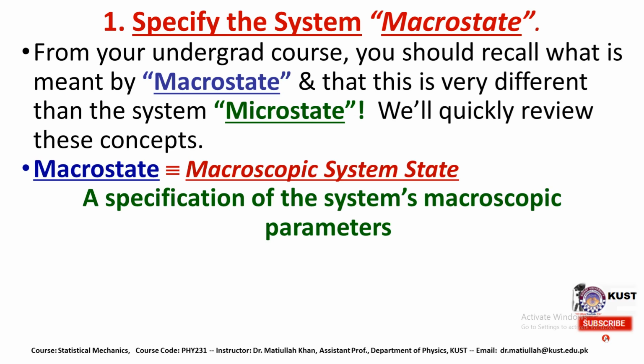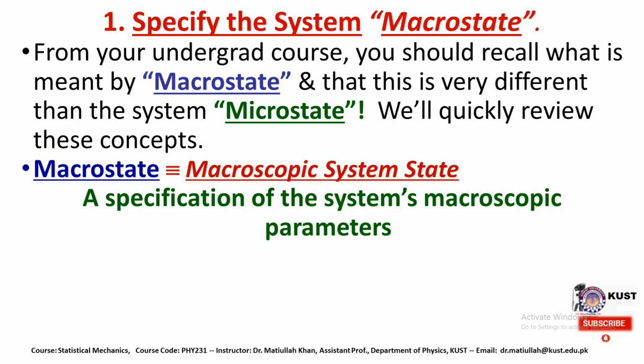So let's come to specifying the state of any particular macrostate. We already know the concept of microstate and macrostate. A macrostate normally describes the macroscopic description of any particular system. But when we are coming toward the microstate, we need much more detailed information about that particular configuration of a system.